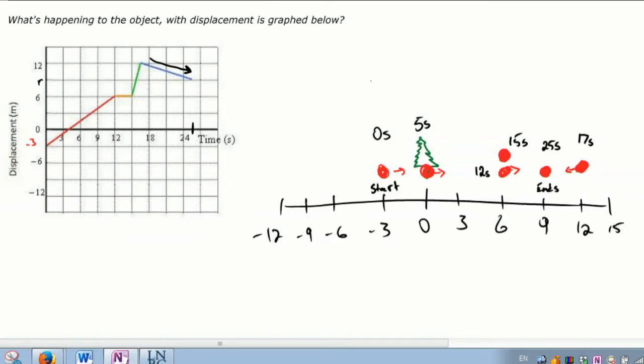So what did my ball do? Well, it started at 0 seconds, it moved to here, took a little break, then it moved to here really fast, and then it moved back to here really slowly and stopped there. So move to the right, move to the right really fast, took a little break, and then back to the left.